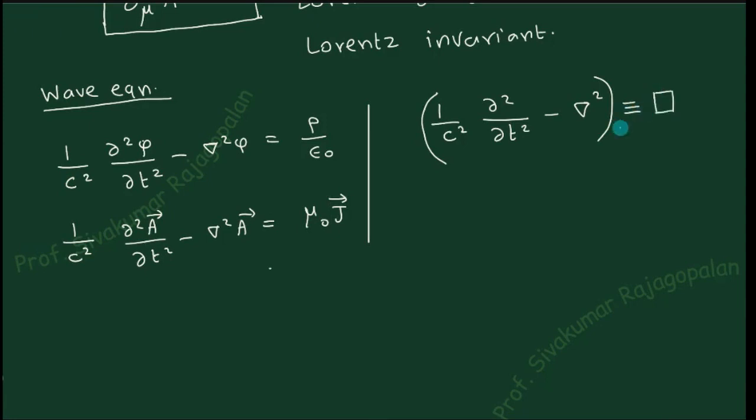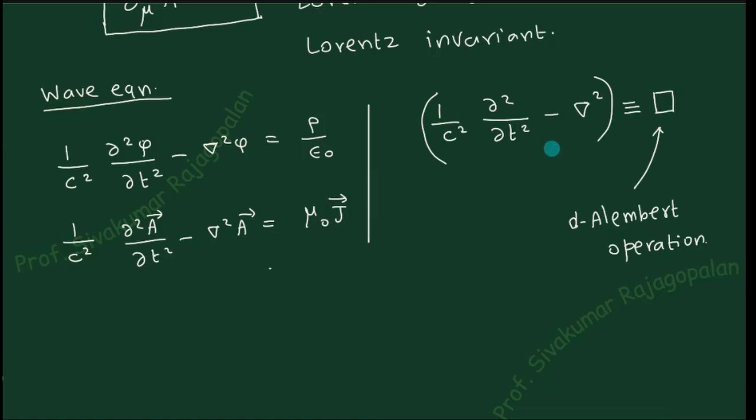This is known as the D'Alembert operator, but I think D is written in small letter. It is only for the sake of compactness we are defining. Otherwise, mathematics is the same thing. This big thing we don't want to write every time. So that's why we are defining it as a box operator.